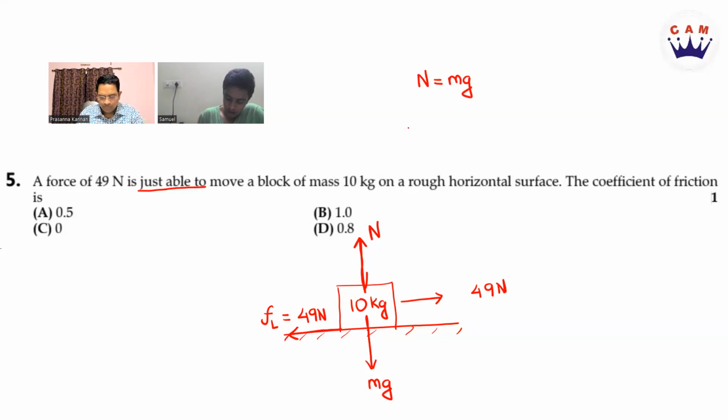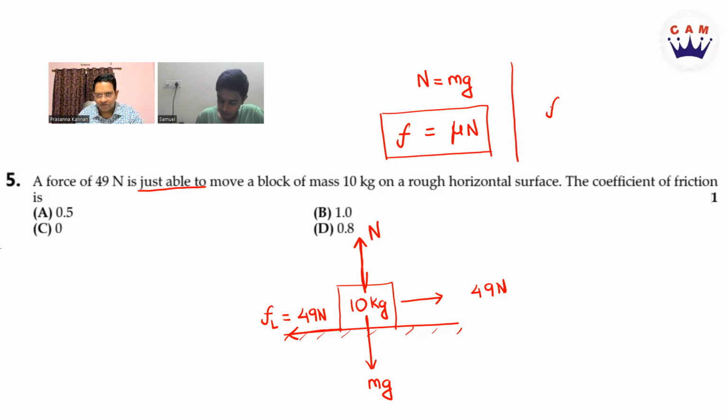And we know that friction is equal to mu N. Now I can substitute Mg in place of N: 10 into 9.8. So mu into 10 kg into 9.8.